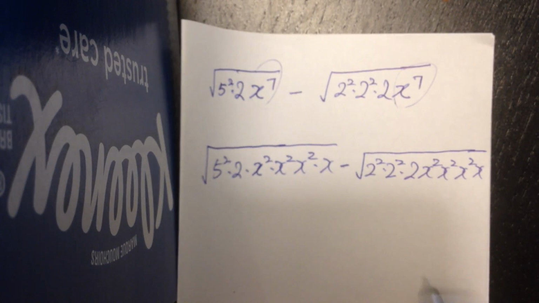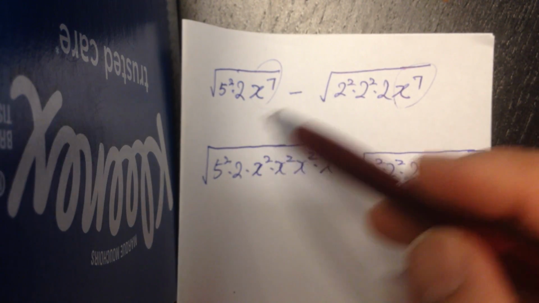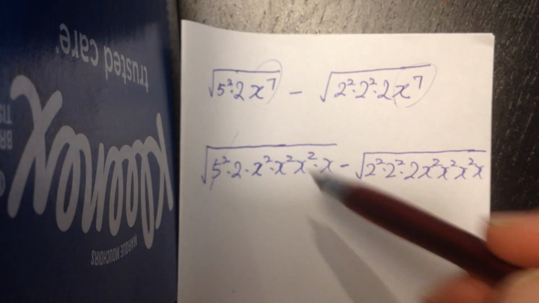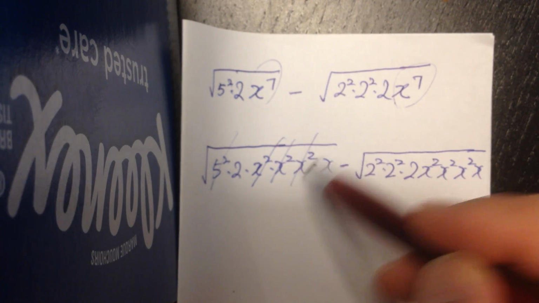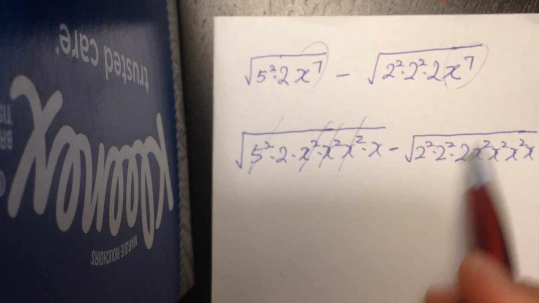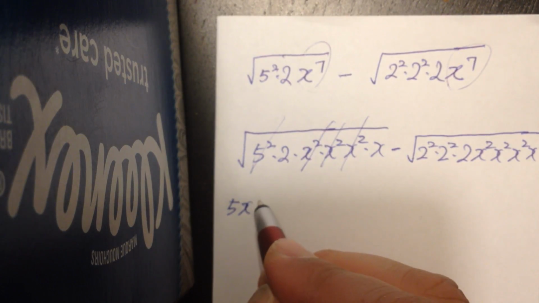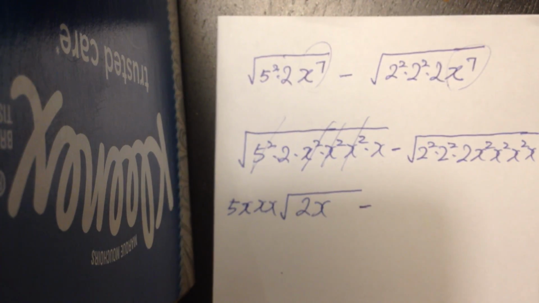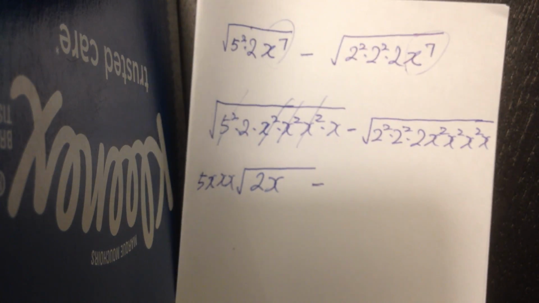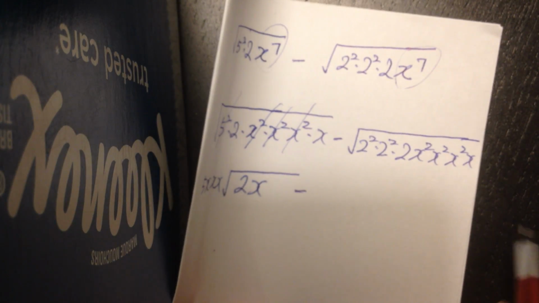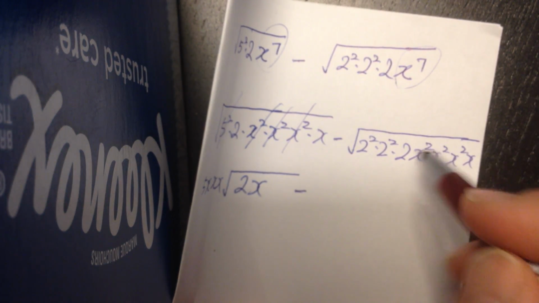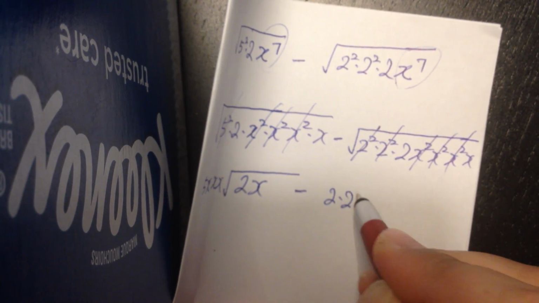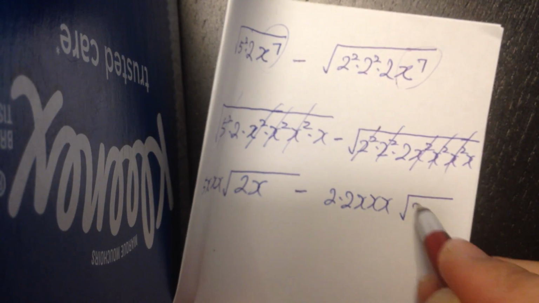Now obviously the idea as far as the simplification here is that whoever has a square, they get to come out. So 5 is coming out, x is coming out. So here we got 5x x, and remaining 2x minus, here obviously we're going to have 2 x x x, which is 2 x x x 2x.